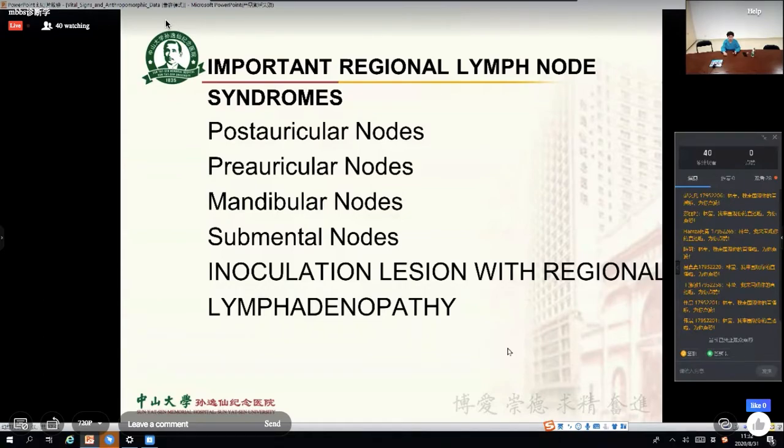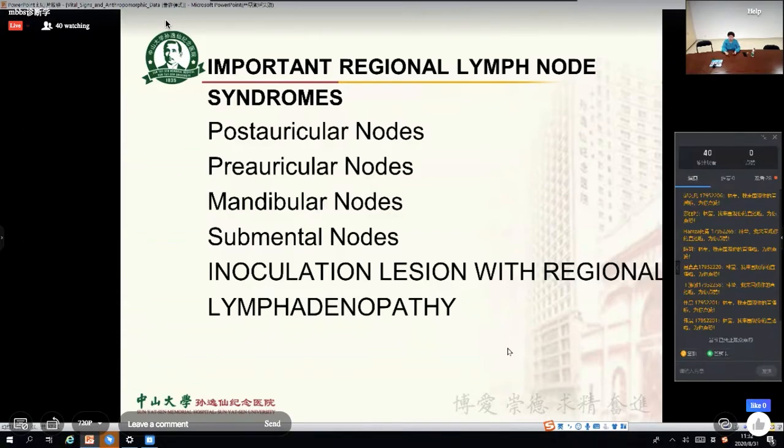If the patient has an infection from the ENT region and also the respiratory region, they may have enlarged lymph nodes in the post-auricular, pre-auricular, submandibular, and submental lymph nodes.